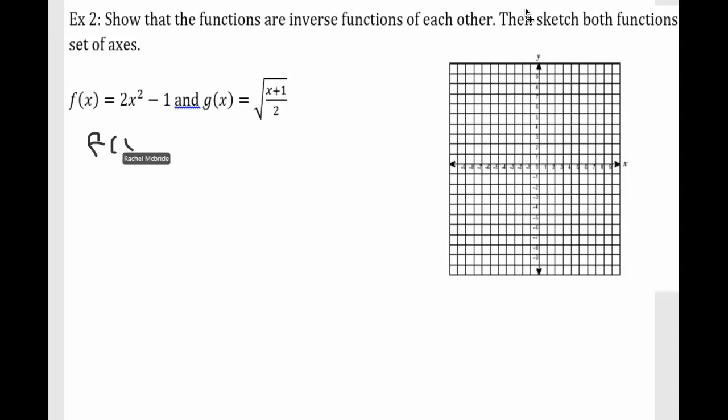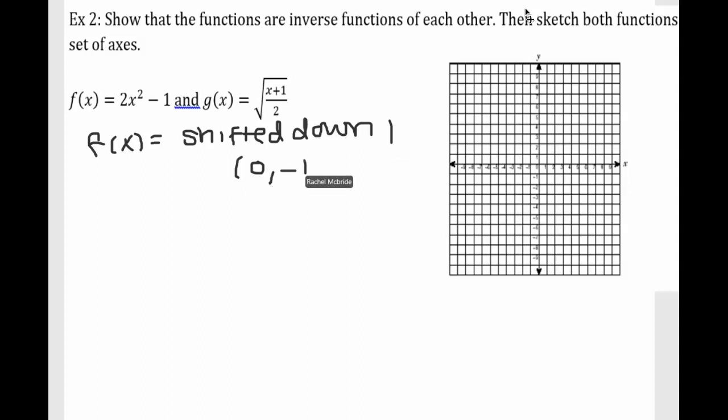So f of x is going to be a quadratic. It is shifted down 1. So what that means is my vertex is 0, negative 1.